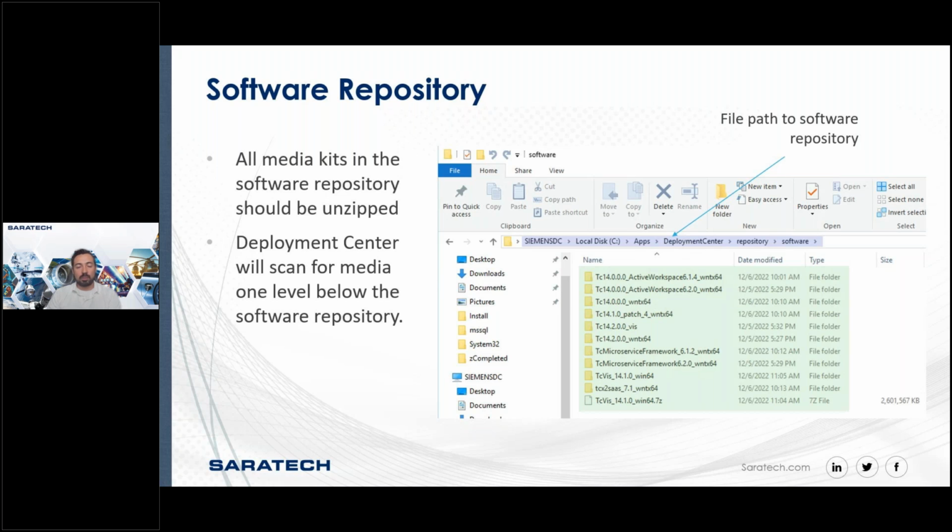That way we know, for example, what Active Workspace, what Teamcenter, if there are any patches, we know just looking at the media what you have in there and what's available for upgrading or anything like that. So just unzip them, put them in the folder repository location that's set up for your DC, and leave it there to be used with Deployment Center.